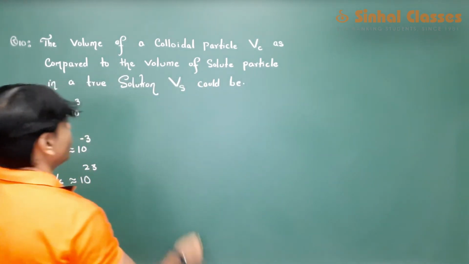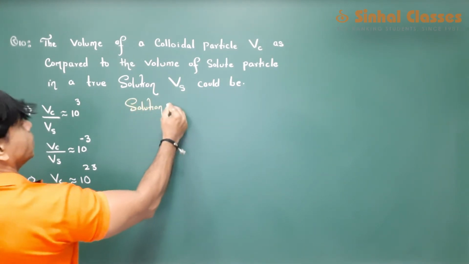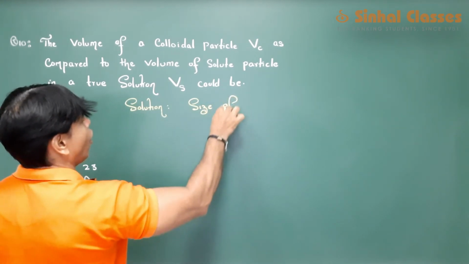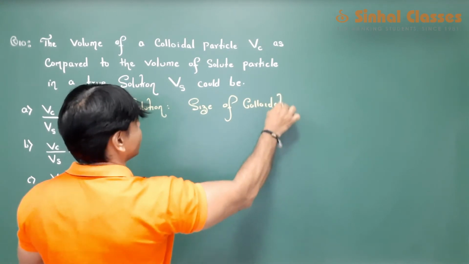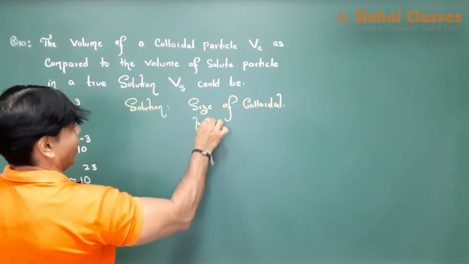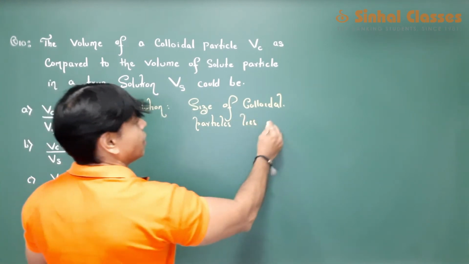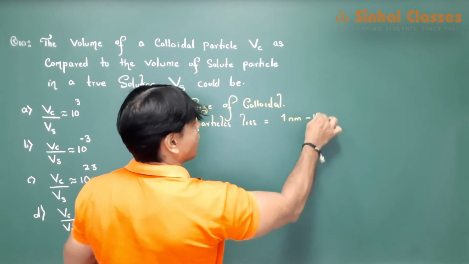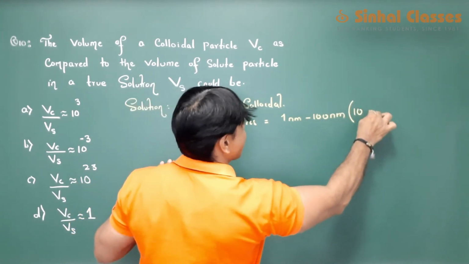Now, we know that the size of colloidal particle lies between 1 nanometer to 100 nanometer. Let us take 10 nanometer.